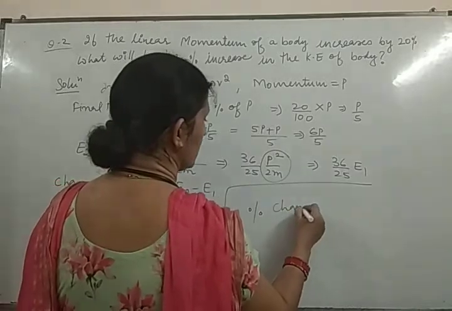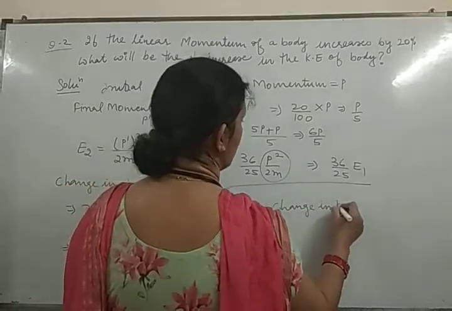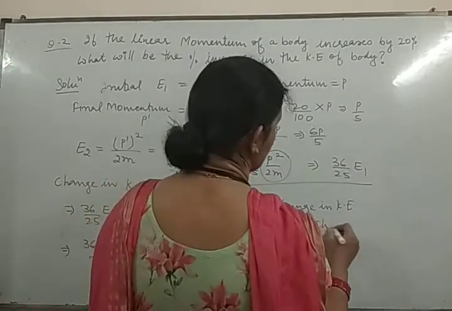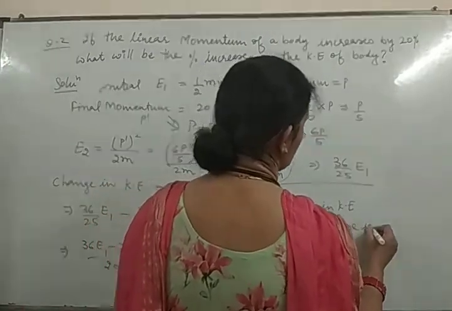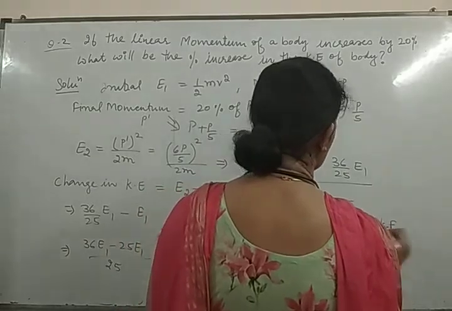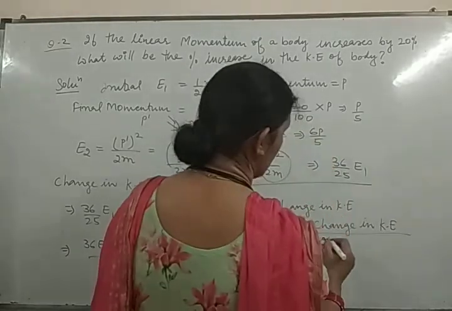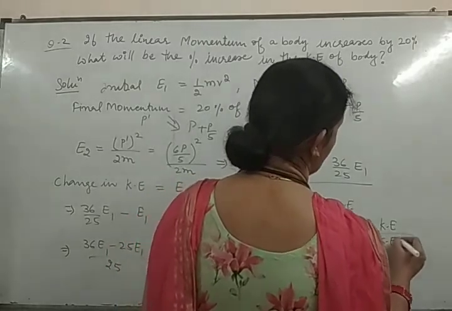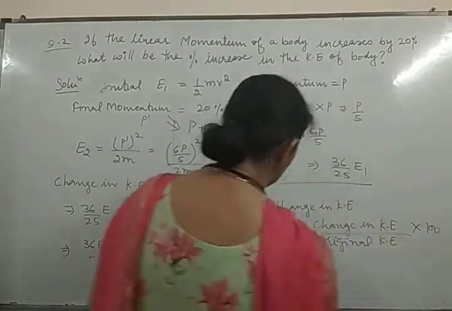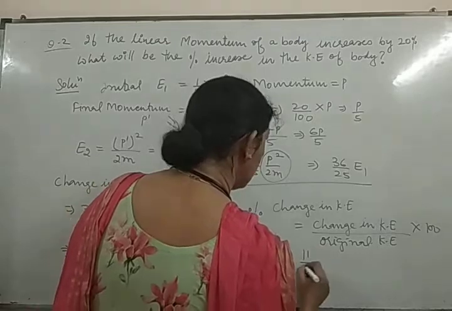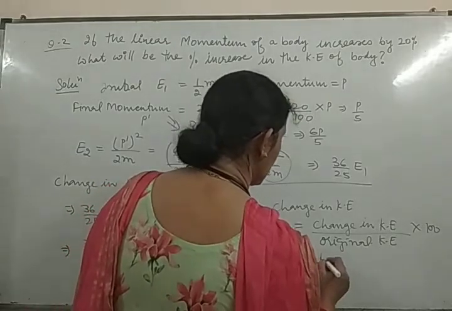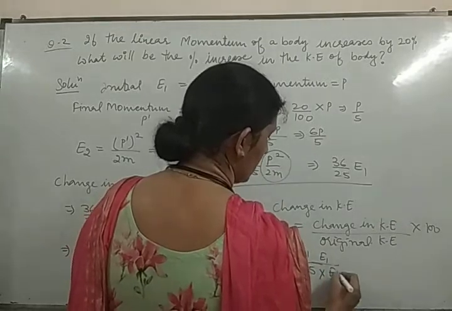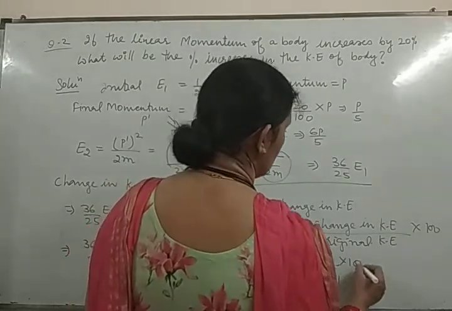Now the percentage change in kinetic energy. What is the formula for calculating the percentage? That is change in kinetic energy divided by original kinetic energy multiplied by 100. So this is 11 by 25 E1, this is the change in kinetic energy, divided by original kinetic energy into 100.